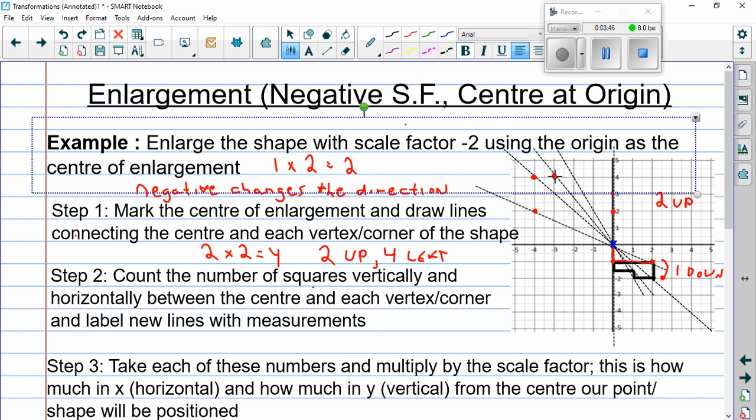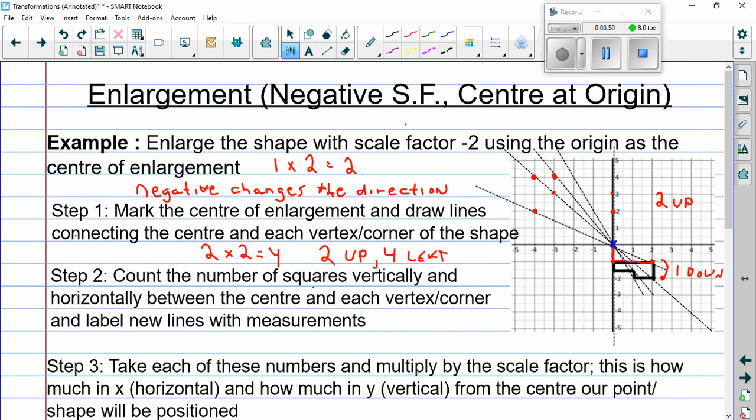Then we have a half point down, or up, sorry, is going to become a 1 point down. And then we are going to continue going over. Sorry, I mislabeled that last point 2 points ago. It should be there and there. And then lastly, we can connect with our final space.